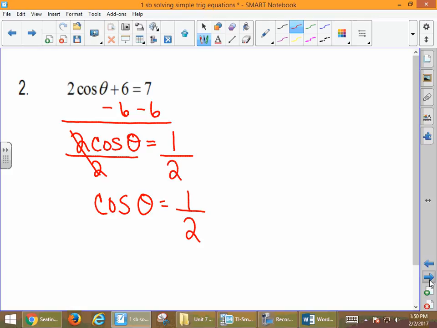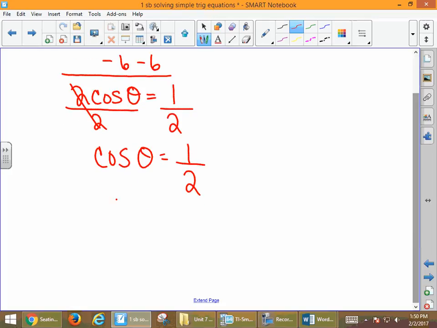Now, the nice thing on this one is that cosine of theta is positive 1/2. What's our first quadrant angle for cosine of theta that equals 1/2? Pi over 3. Now, what other quadrant is cosine positive in?